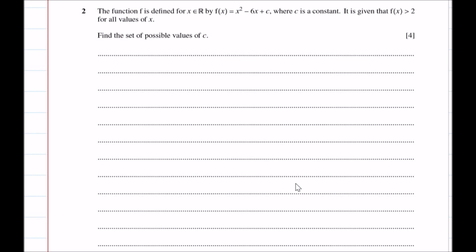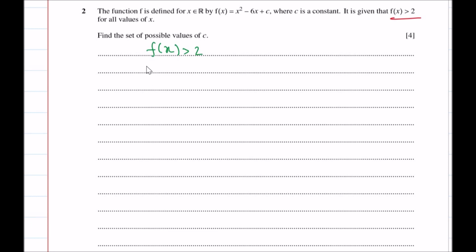So in this question, what you need to do, it says fx greater than 2. So let's write here fx greater than 2. And what is fx?